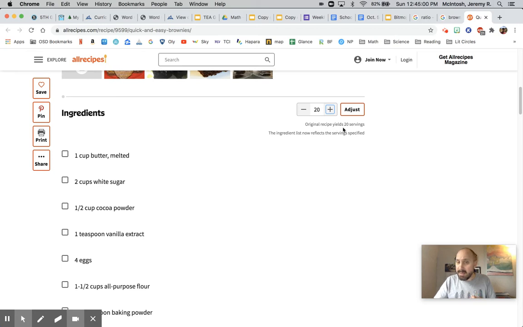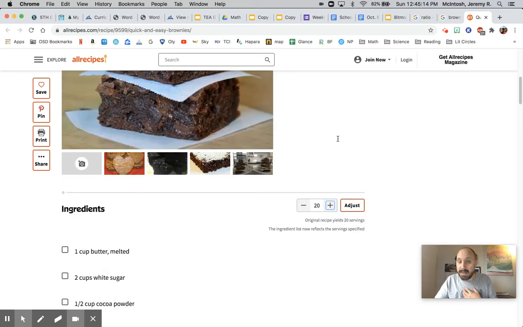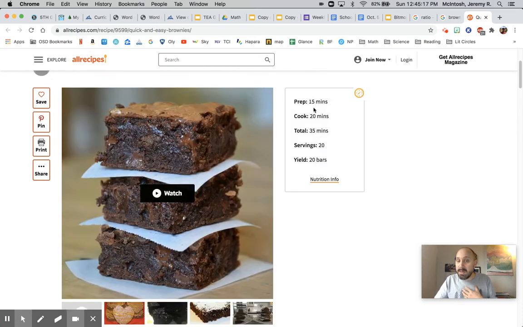This recipe yields or serves 20 people. Now, I might eat two or three, but this recipe serves 20 people. It tells me prep is 15 minutes, cooks for 20 minutes, a total of 35 minutes, servings 20, and it yields 20 of these bars.